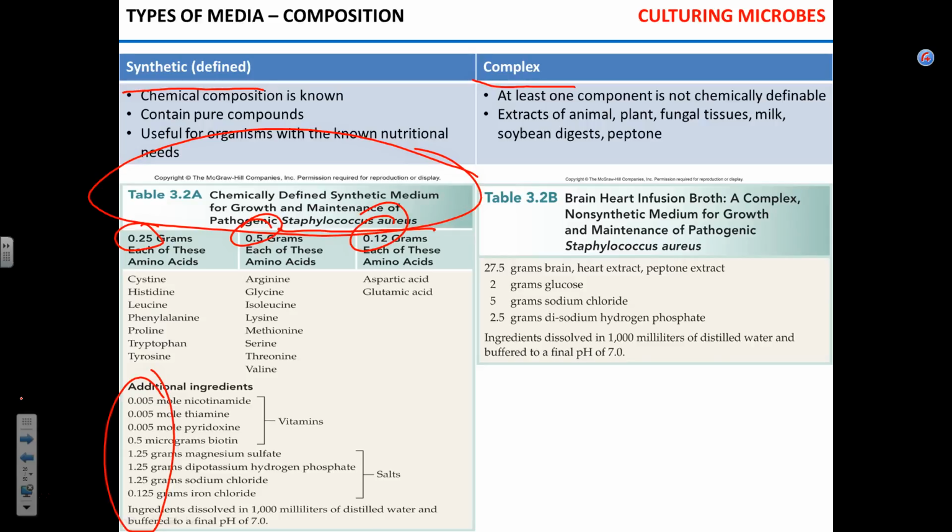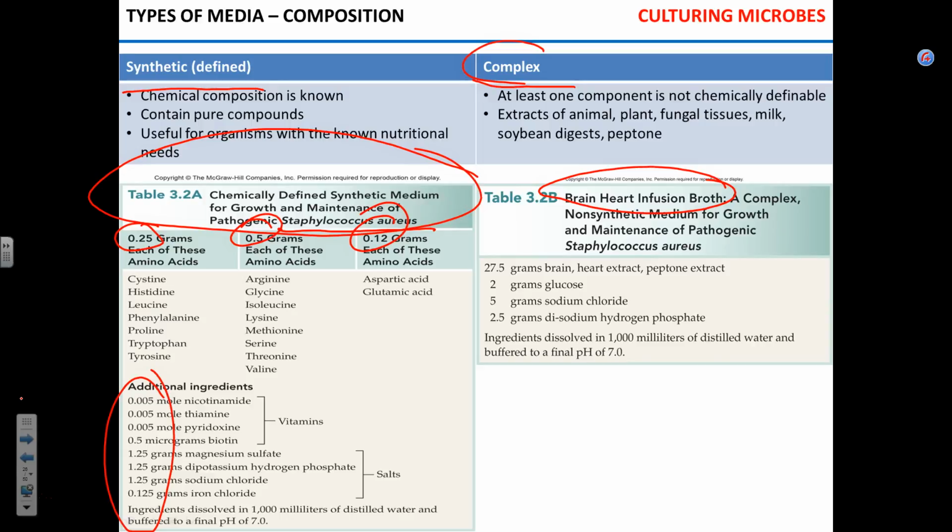This is a complex medium. Brain-heart infusion, BHI. Pretty much you have like a powdered brain, powdered heart extract. You throw it in the water, there's a bunch of stuff. Fats, carbohydrates, amino acids, peptides, whatever. Probably some growth factors, you can only imagine.